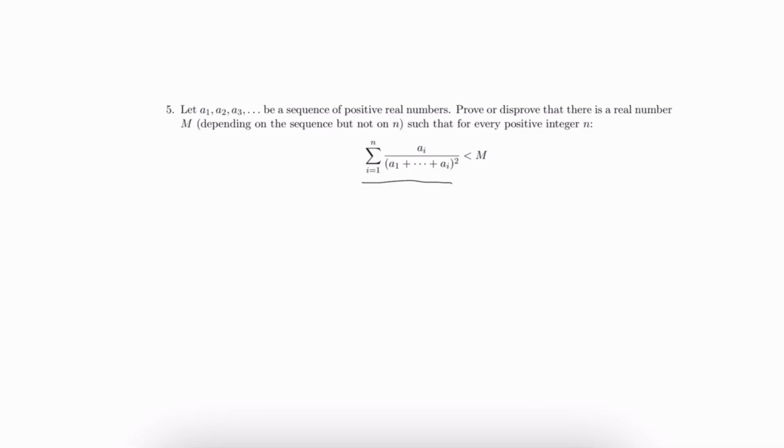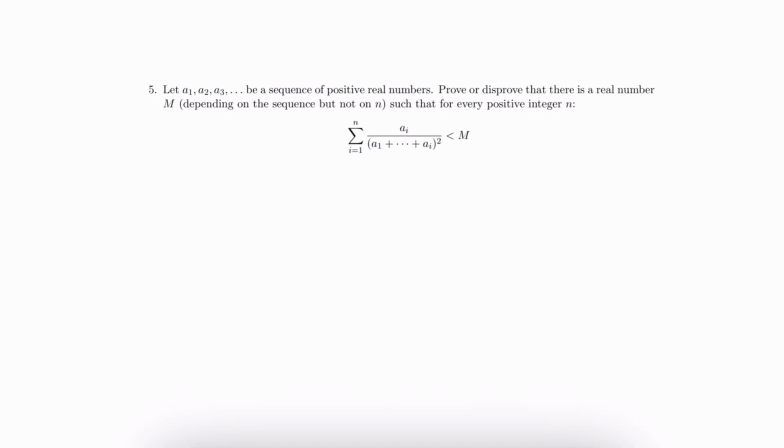One of the most common ways summations telescope is if you can write each term, because it's a sequence, in the form f of n minus f of n minus 1 over f of n times f of n minus 1, then this simplifies exactly to 1 over f of n minus 1 minus 1 over f of n.